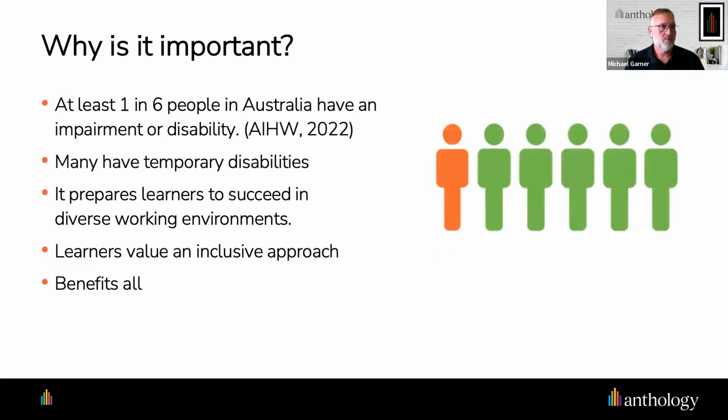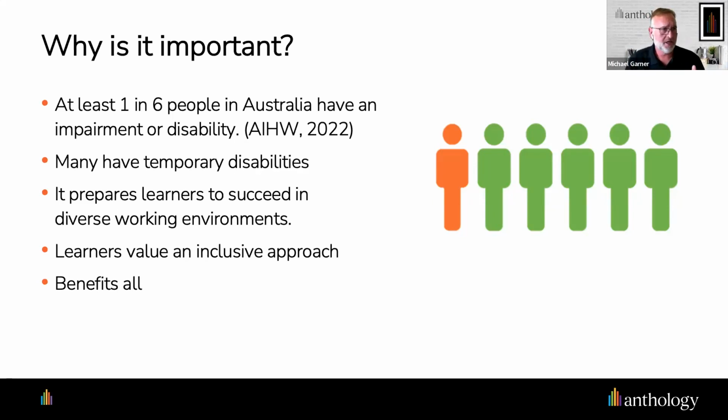Now, why is this important? From an Australian perspective, when we look at the Australian Institute of Health and Welfare website, they're reporting that 1 in 6 people in Australia have an impairment or disability. I think the UK figures were reporting 1 in 5 people have an impairment or a disability or a lifelong illness.